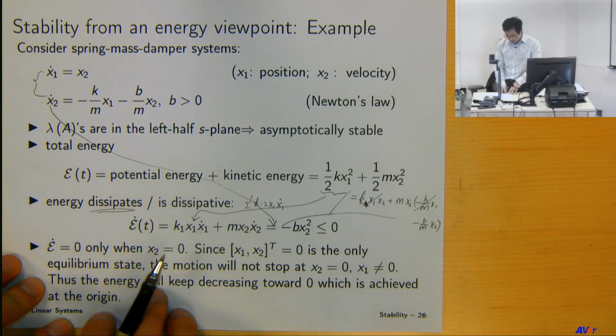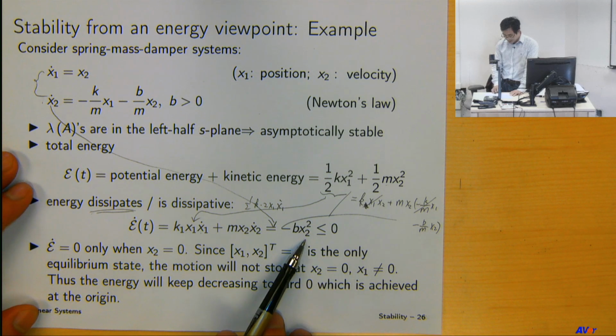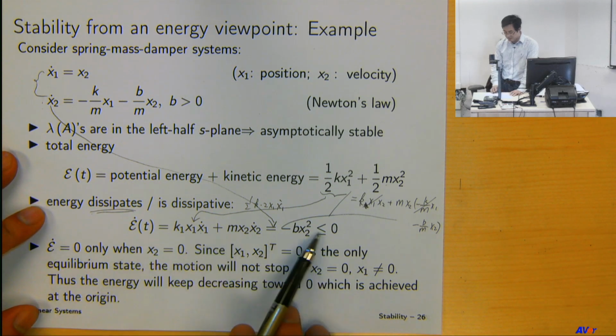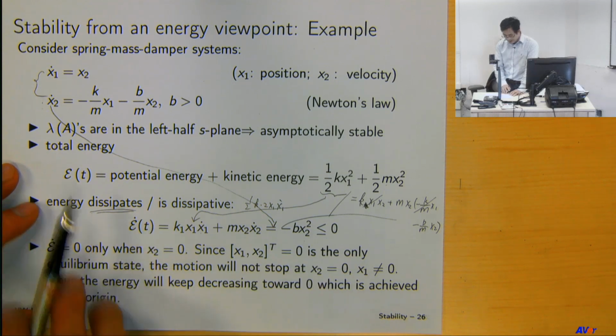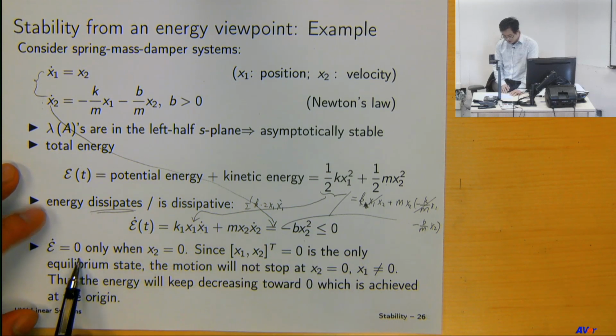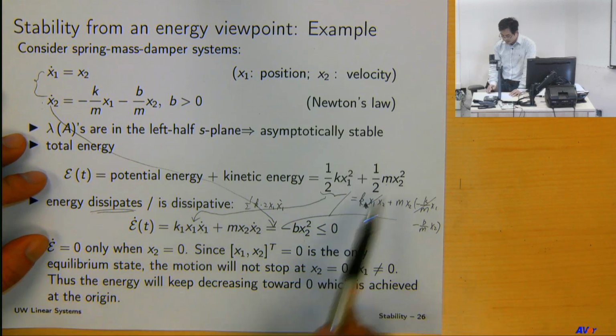Now furthermore, there's another observation. If you think about the case when this derivative is going to be 0, then you will see that the energy is not going to stop until x1 and x2 are 0.